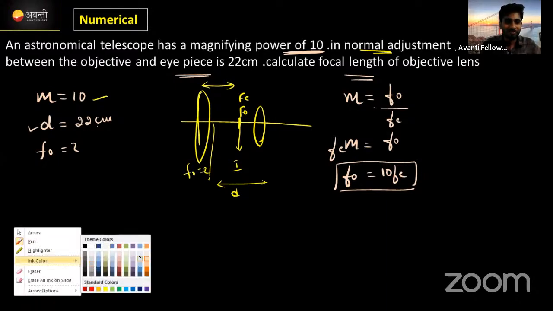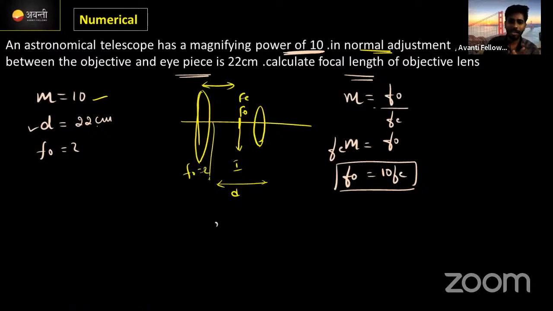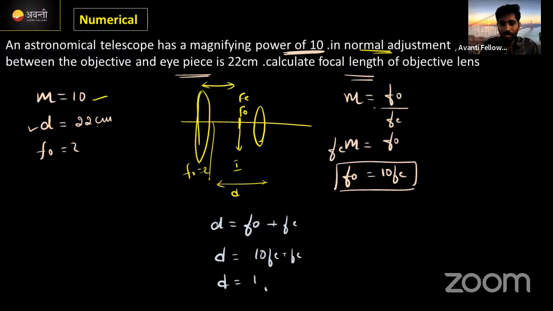The d value is equal to the focal length of the objective lens plus the focal length of the eye lens. Clear enough? Now substitute f0 as 10 fe. D is equal to 10 fe plus fe, so d is equal to 11 fe. We don't know the value of fe, but d is 22 centimeter.